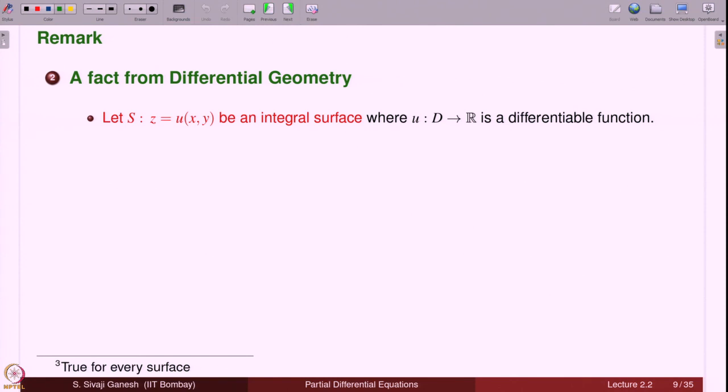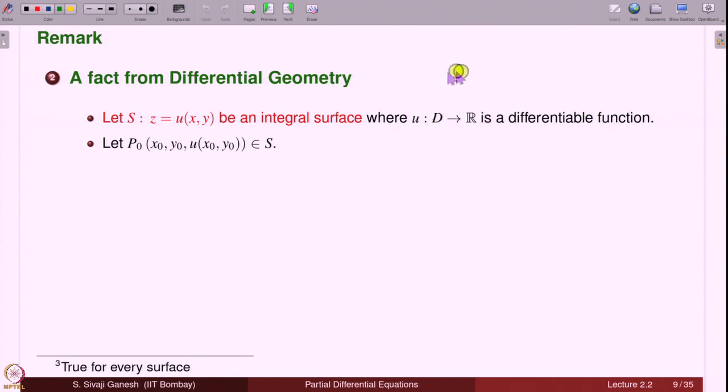Now, a fact from differential geometry. Let S be an integral surface where u is a differentiable function. u is a solution, therefore it must be a differentiable function. Actually, in this fact we need not have an integral surface; it is true for any surface. That is why I wrote let this be a surface and u is a differentiable function.